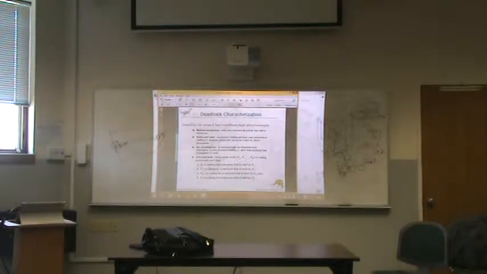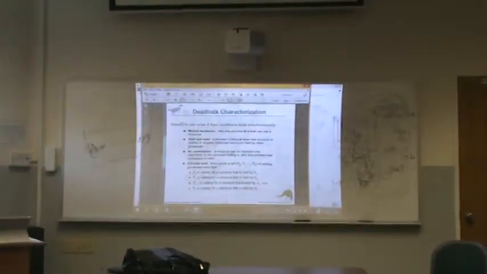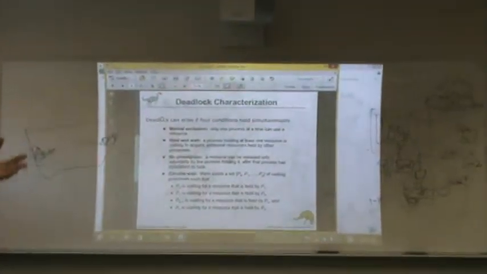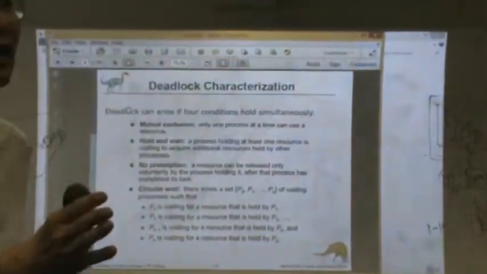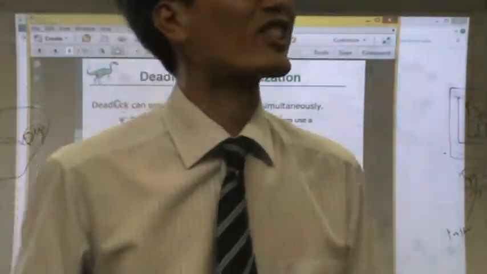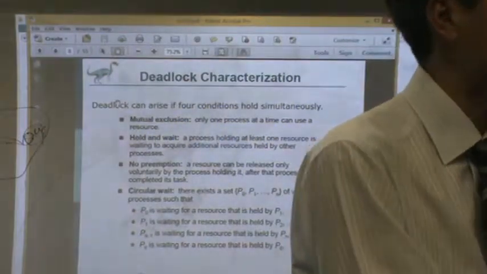Mutual exclusion, hold and wait. Mutual exclusion: can one process cause deadlock? No, it should be two processes, right? If two processes are doing their own job separately, there might be no problem. If they hold and wait, they may cause a problem, because of the greedy characteristic of the process.